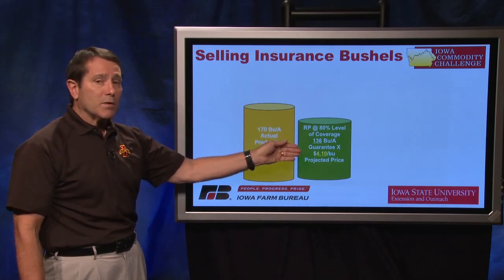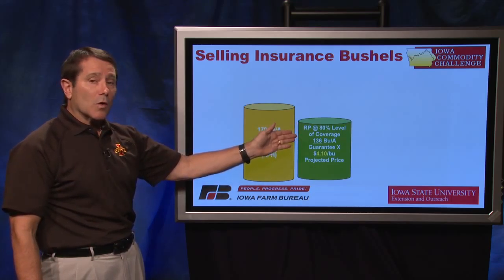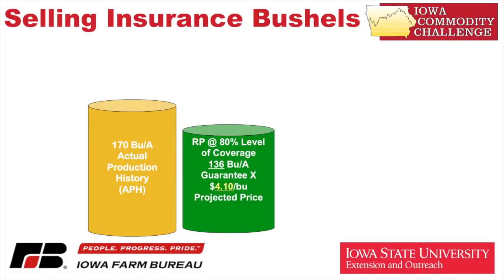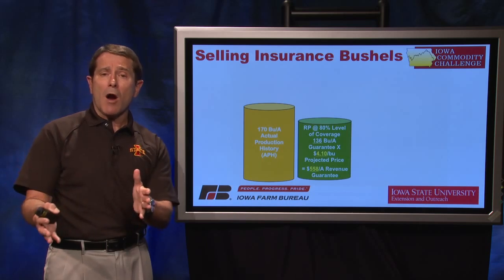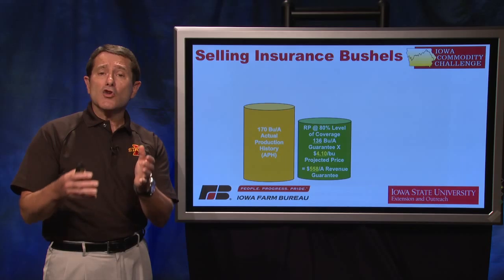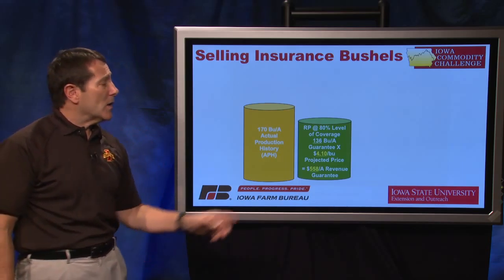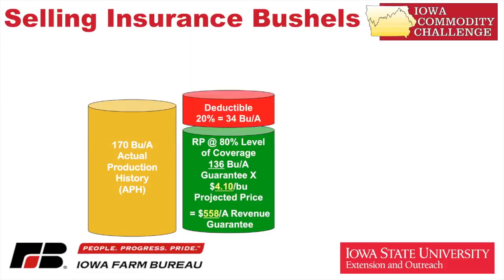So using RP, multiply your guaranteed bushels times the projected price, and this becomes your revenue guarantee for growing corn in 2015. Those bushels, 136 bushel per acre, are guaranteed at $4.10 a bushel. My marketing strategy will entail trying to sell when December futures are above the price level. Now, not all bushels are guaranteed.